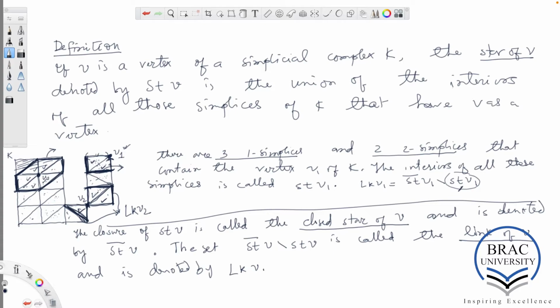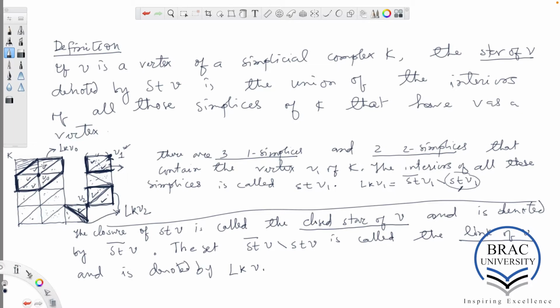This pentagon, no, this is a hexagon. 1, 2, 3, 4, 5, 6. The boundary of this hexagon, of course, is the link of V0. Okay, good.